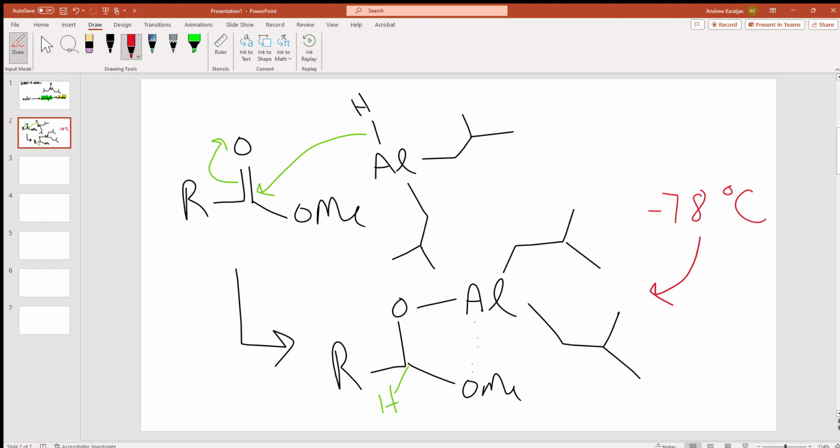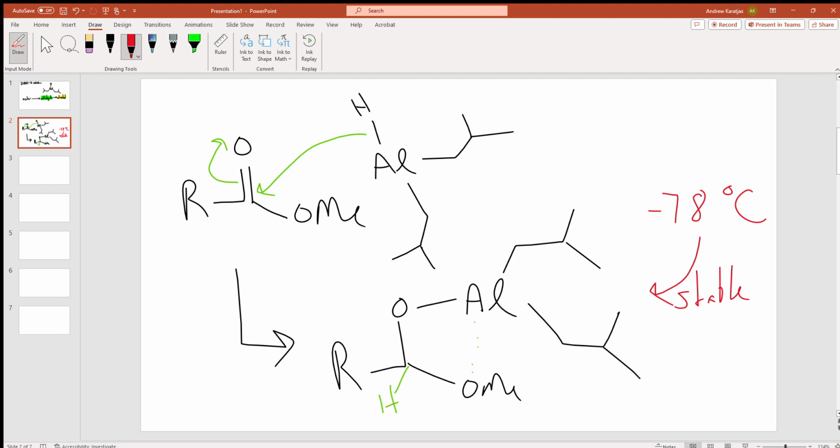If you run this reaction at minus 78, this complex with the aluminum, coordinated to the oxygens, can be stable, and in a lot of cases is quite stable. The reason that something like LAH just immediately goes to the alcohol is the intermediate that forms is not stable.